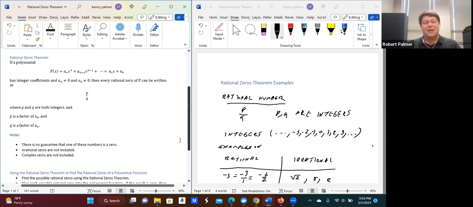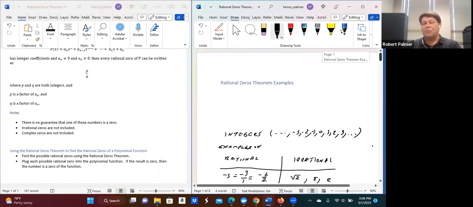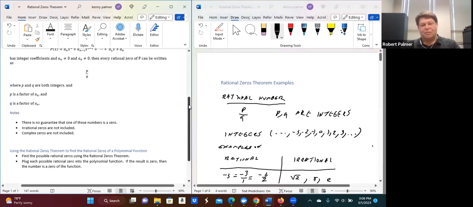And once again, there's no guarantee that any of those numbers is a zero. And it also doesn't tell you anything about any irrational zeros or complex zeros. But finally, if you want to test and see if a number is a zero or not, once you get that list of possible zeros, you plug them into your function. If you get a zero result, that number is a zero. So that's what this theorem tells us.